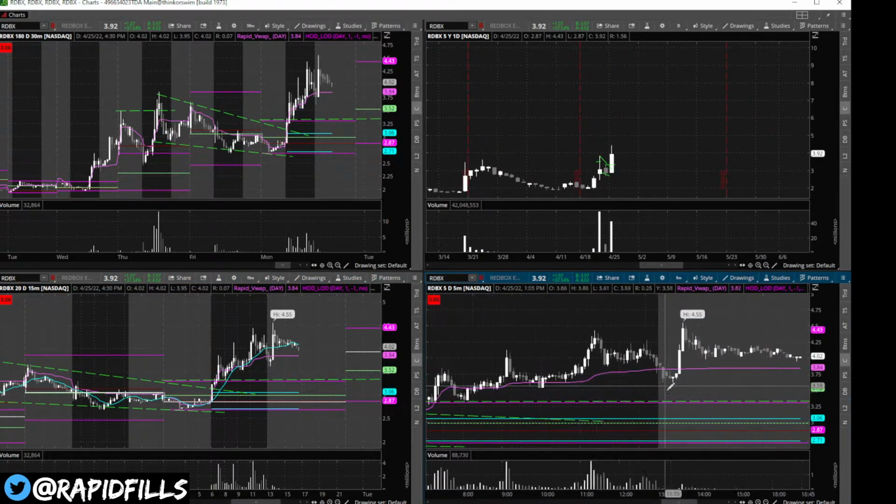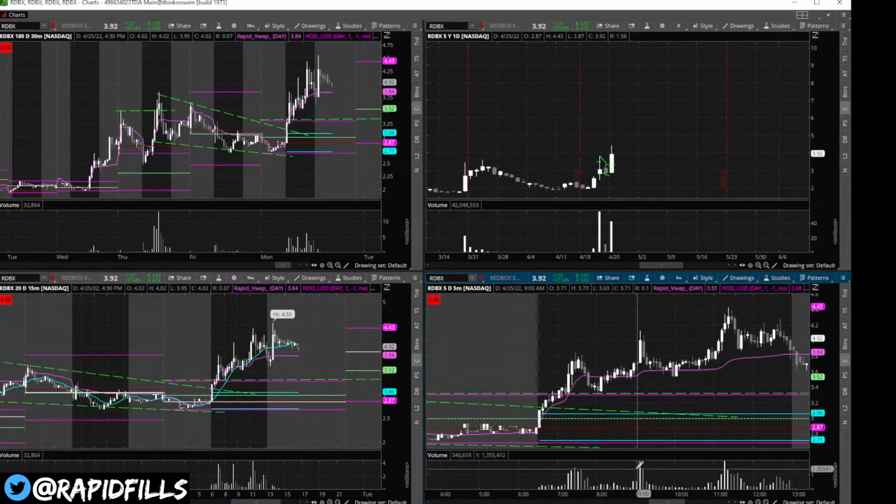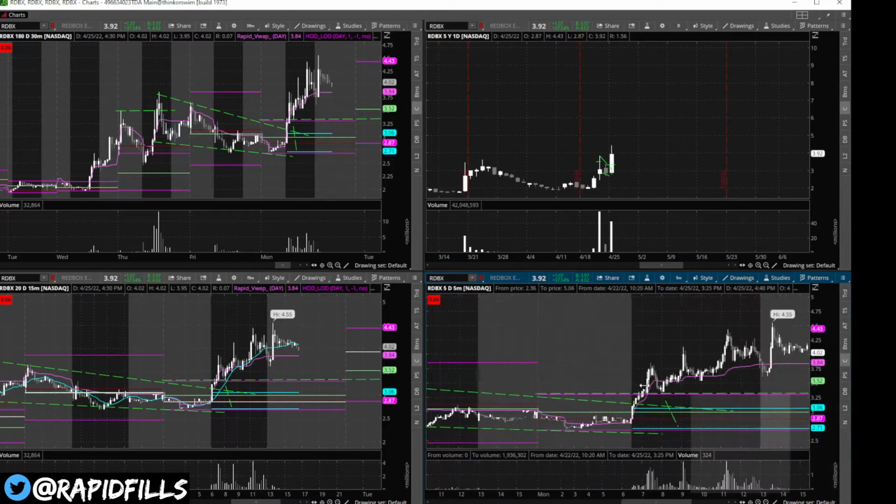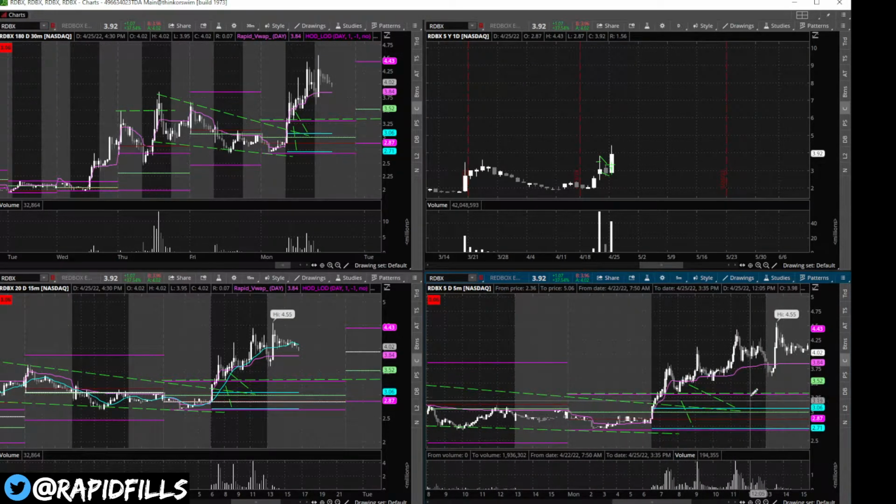And this is the 5-minute chart. Right here on the 5-minute chart, you can see the volume started picking up. So when it pulls back, if I'm going long, that will be my entry for a push towards the highs, because support becomes resistance.